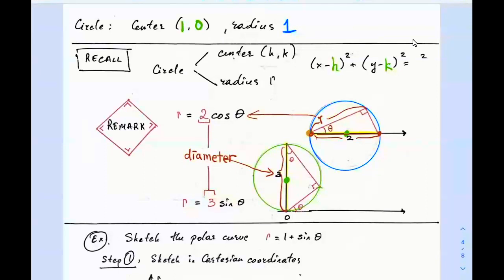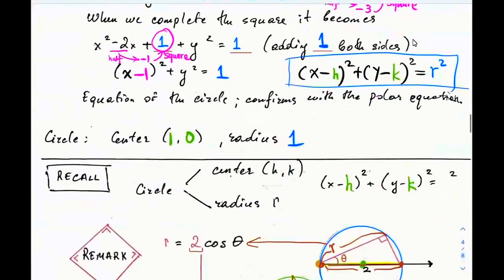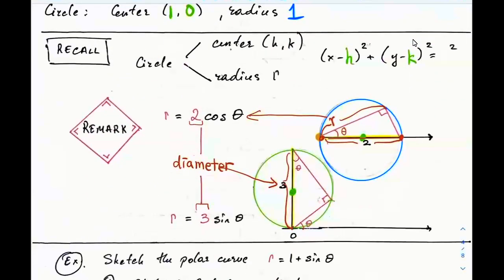So it justifies that. And for a similar reason, this r here times sine theta will give you this r over here. The r over here is going to be 3 times sine theta.